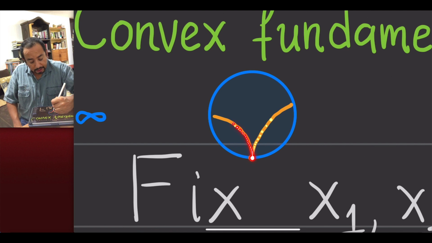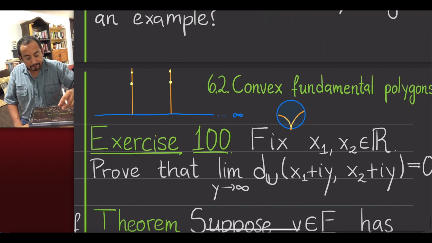Then what I claim is that it is possible to find at least one sequence on the other shortest curve that has two properties. One is that it also converges in C bar to the point at infinity, and second, the distance between the nth term of this sequence and the nth term of this other sequence tends to zero as n goes to infinity.